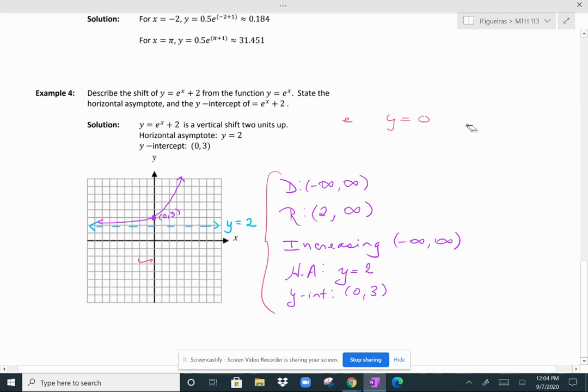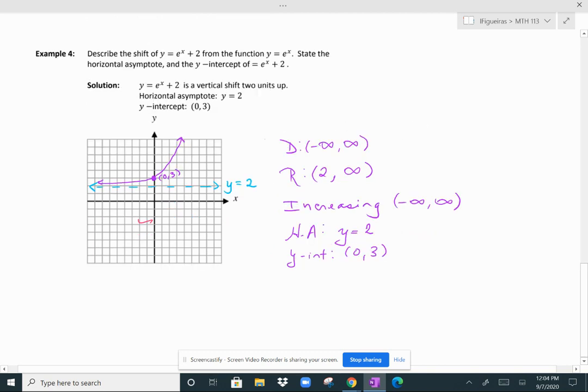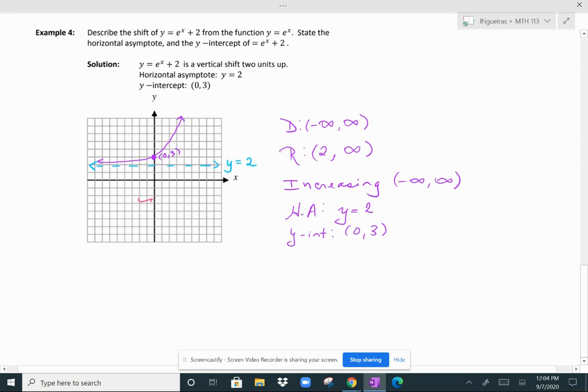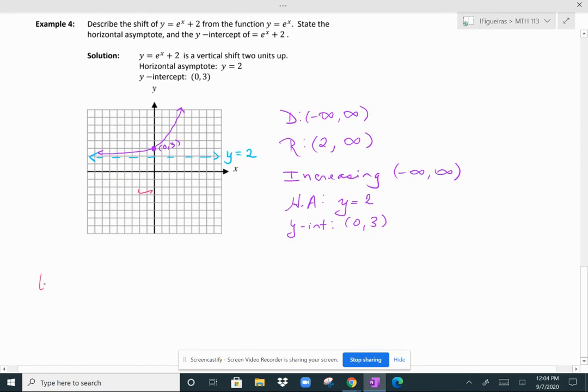Okay, so let's move on to another example that I'll make up here. So suppose we want to describe the shift of y equals e to the x minus 1, minus 5.